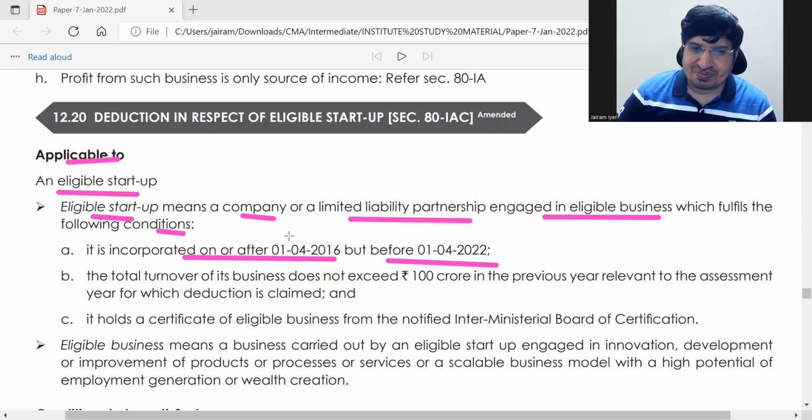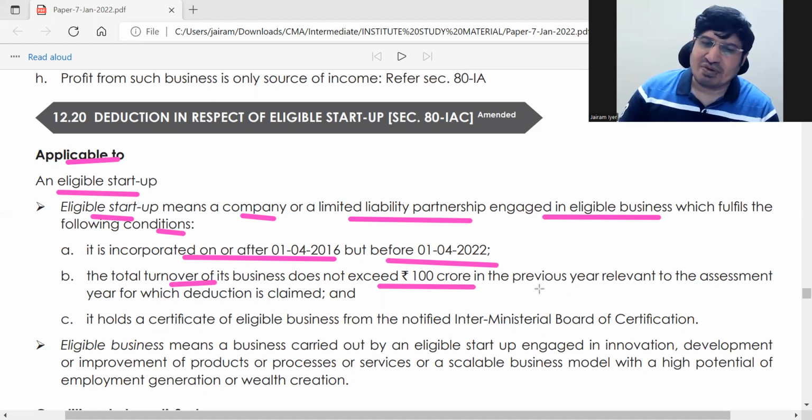So this is yeah, first thing, incorporated during this date. Total turnover should be up to 100 crore, not more than that. Okay, so total turnover of the previous year, for whichever previous year you are claiming deduction. Okay, that previous year total turnover, ठीक है, it has to be up to 100 crore. It should not exceed 100 crore.